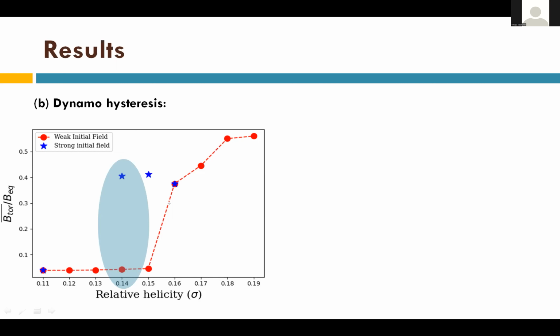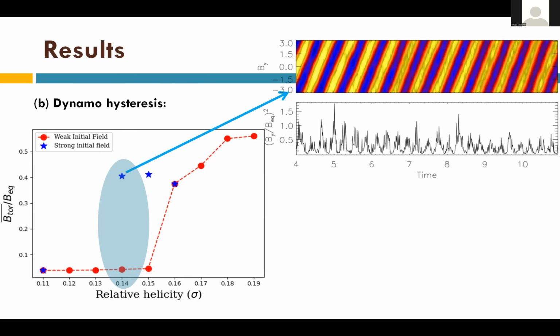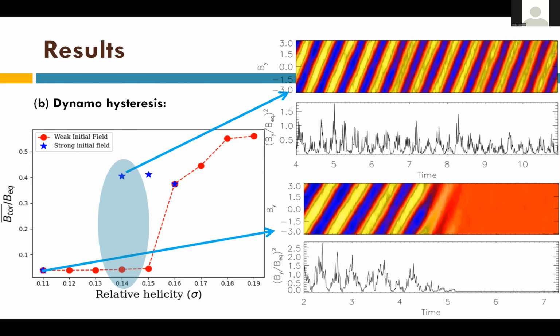This is path dependent. Even if there's a presence of large scale, there will be a small scale, and even if now the small scale dynamo decays, we'll still observe the small scale. So small scale dynamo is always present in our model.